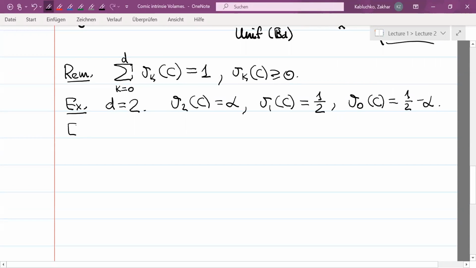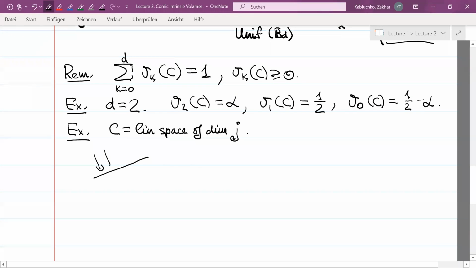And now another example. Suppose that C is a linear space of dimension, say, j. What are then the conic intrinsic volumes? Okay, then the metric projection is just the usual orthogonal projection, and all points project to a face of dimension j in that case, because C has dimension j.